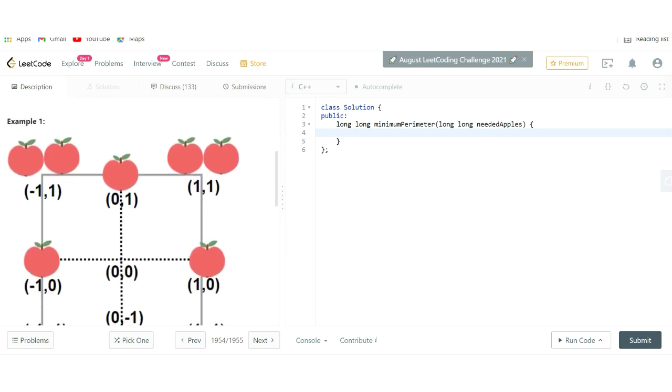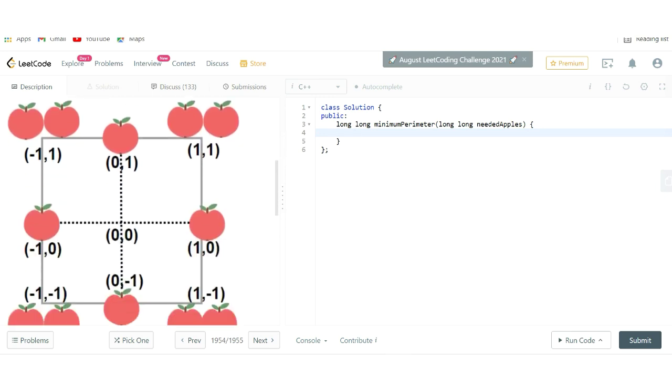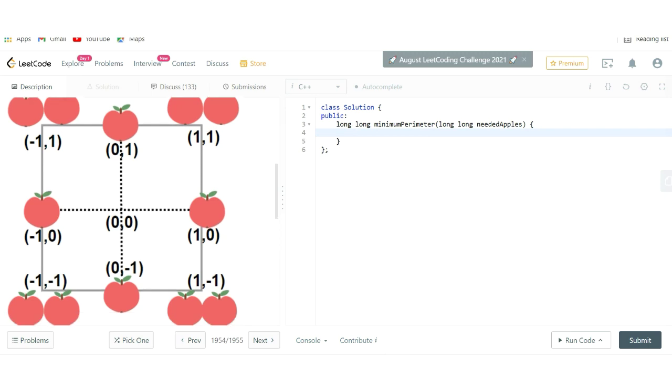Here you can see that the number of apples at a particular coordinate is the sum of the coordinates at that point. Means if there is 1 1, the number of apples will be 2. If 0 1 is the coordinate, the number of apples will be 1, and you can find in total how many apples are there.